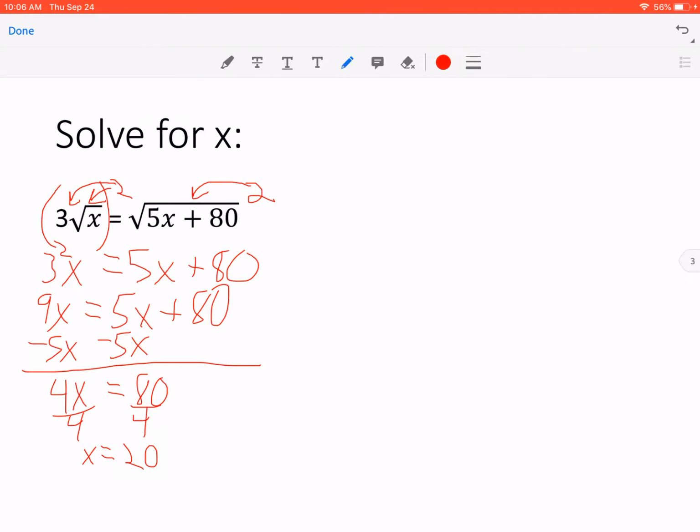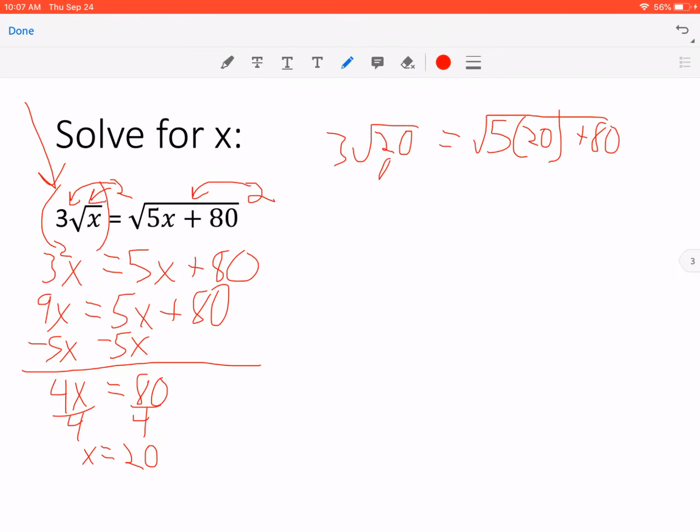Now, before you commit and circle that answer and say, yes, that works, go and plug it back in. So in other words, if I plug it back in here, that was 3 radical x. Well, if x is 20, plug it back in and see if it equals radical 5 times x, where x was 20, plus 80.